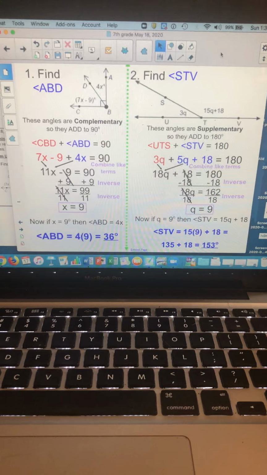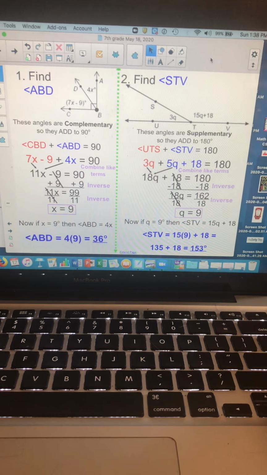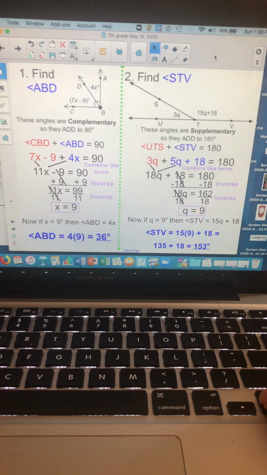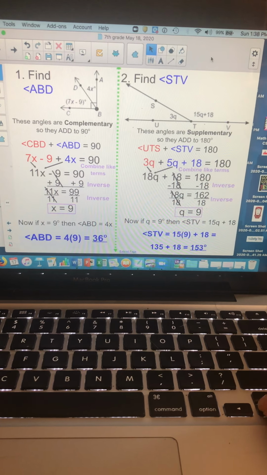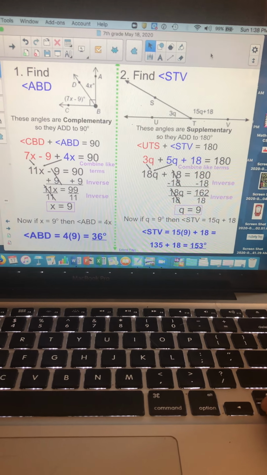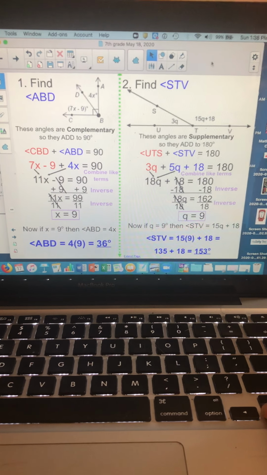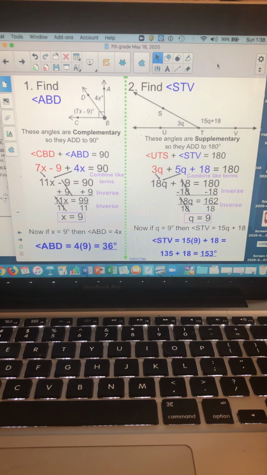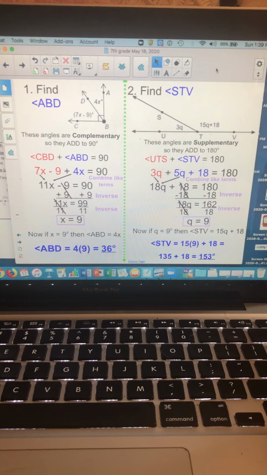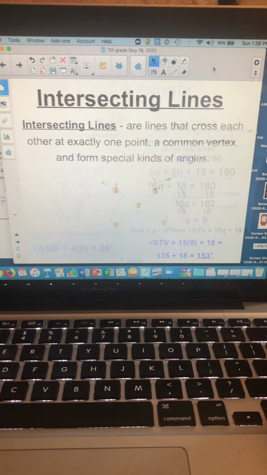When you go to the next slide, you'll see the work that should have been done to figure out those values. Most of you were figuring this out pretty well, so I was very impressed. Keep it up, keep up the good work. And if anyone was still struggling, I hope that this warm-up kind of just reminds you what you would have to do to get those answers.